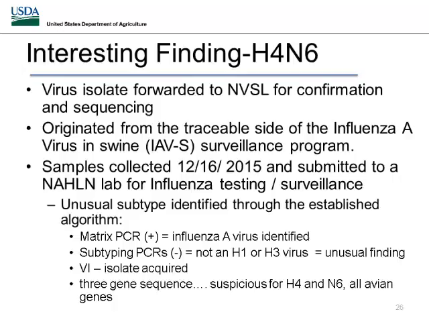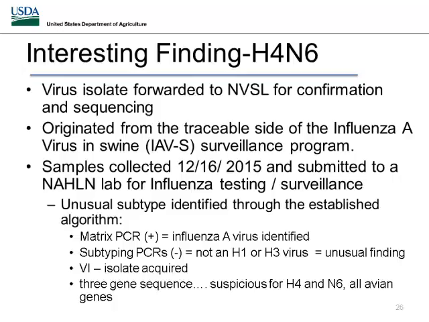Here's an interesting finding from December of this year, where a herd in a Midwestern state submitted samples for influenza testing in swine, and it came up matrix positive. So we know it had an avian influenza A type virus. It was matrix positive, but when the lab subtyped it to find the H1 or H3, it was negative.